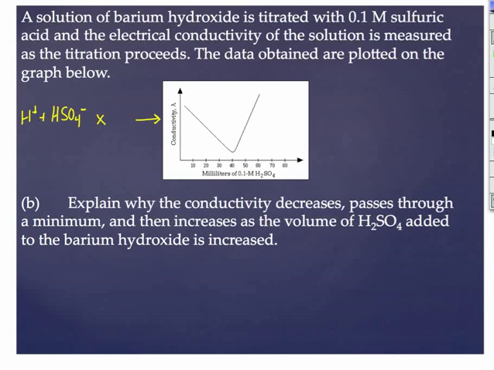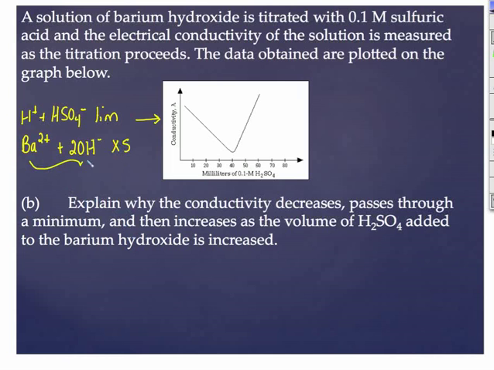Excuse me, I did that backwards. I'm so sorry. That's going to be our limiting. Up until the equivalence point, what we're titrating with is our limiting. And our barium and our hydroxide are our excess.